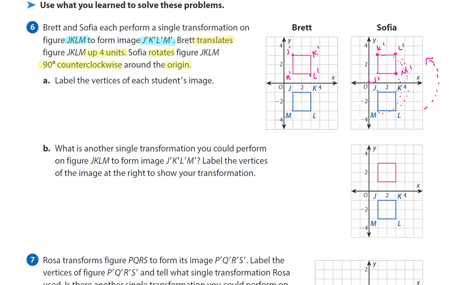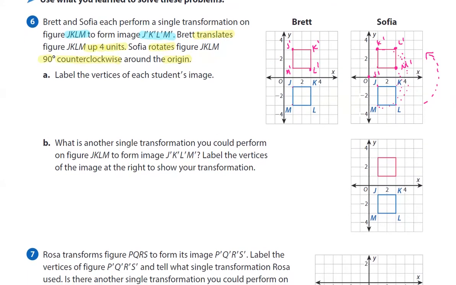And what is another single, this is B, what is another single transformation we could perform? Well, there's only one rigid transformation left. We did a translation, we did a rotation, so now we need to do a reflection, so everything's going to flip. So J stays right here, J prime. J didn't move at all, did it? K has flipped over right here.